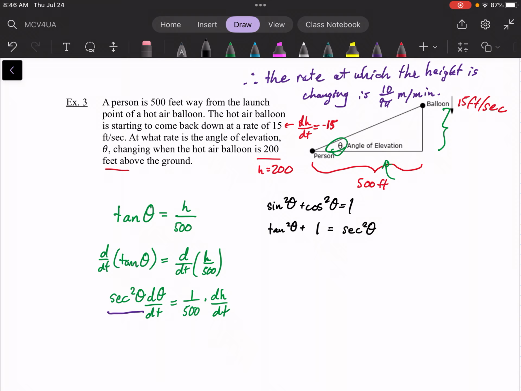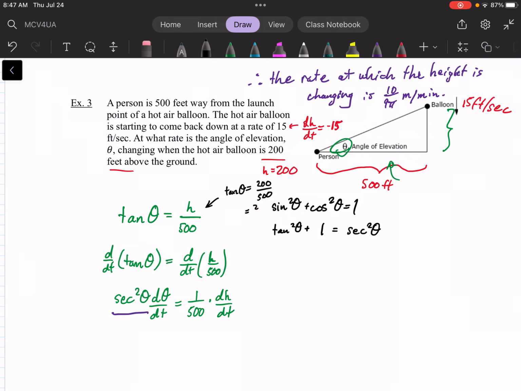Okay, so if tan theta is h over 500 from our original expression, and we wanted at that specific time tan theta is 200 over 500, then I know tan theta is just 2 over 5.